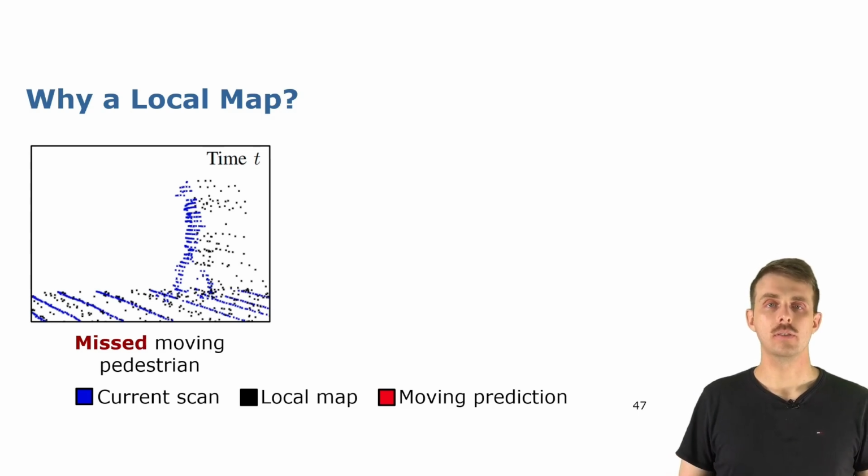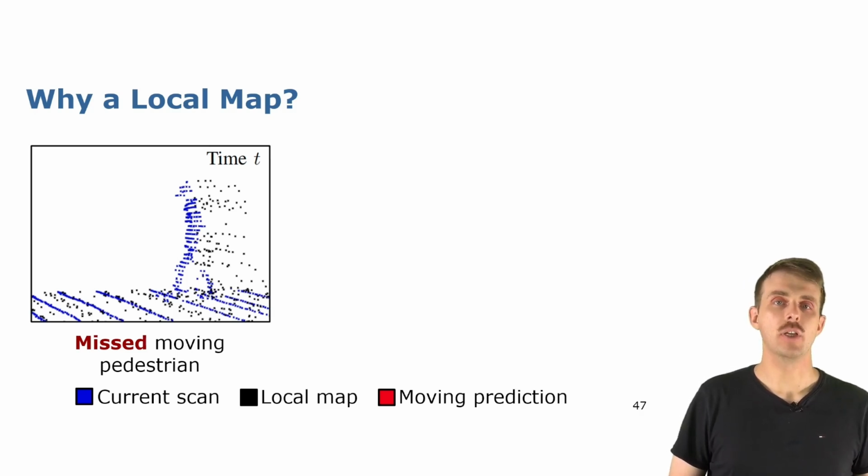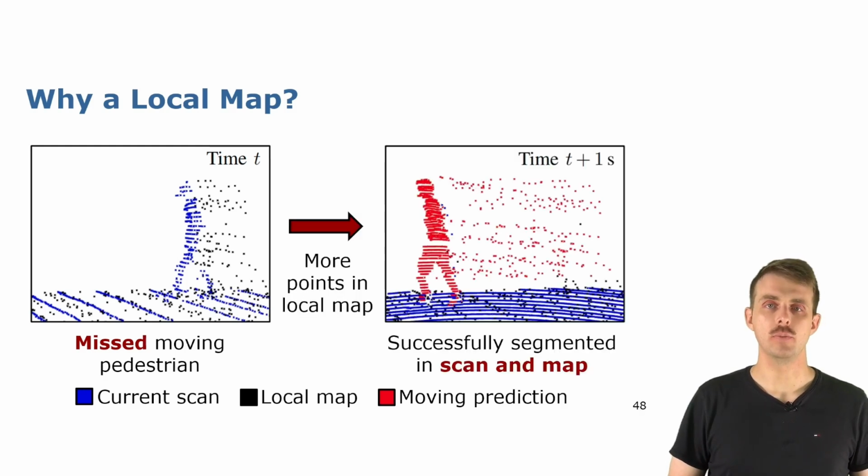In this example here, we have a current scan in blue, so the current LiDAR scan, and our local map in black. Here we have a slowly walking pedestrian, and at time t, our method is not able to identify this pedestrian to be moving because it just started moving, so there's not much motion visible.